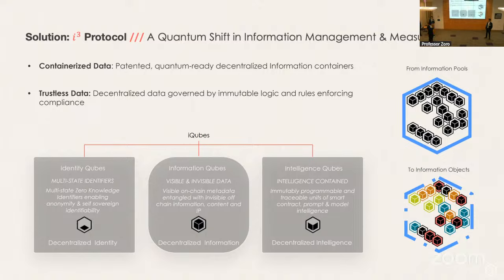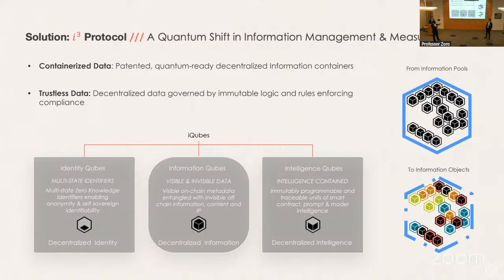As you can see here, I'm not going to go through the creation of these iCubes, but one of the things that might come to your mind is what the features of these iCubes are. It's one of those tokens that can be put on a blockchain platform, and it inherently has all the features of assets found on blockchain.